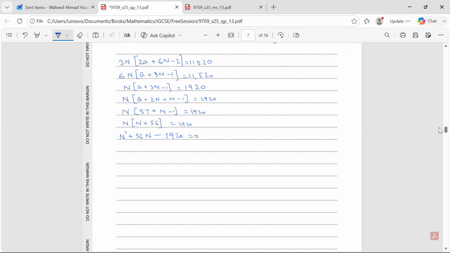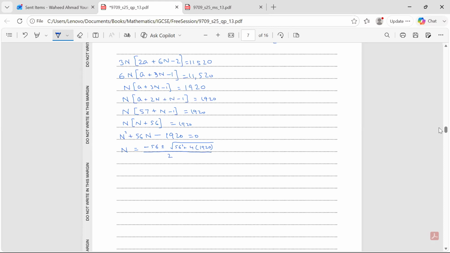Okay, so this is again a quadratic equation. This type of formula: minus b plus minus under root b squared minus 4a into c. Now c is negative, so it becomes plus, and 1920, divided by 2a.